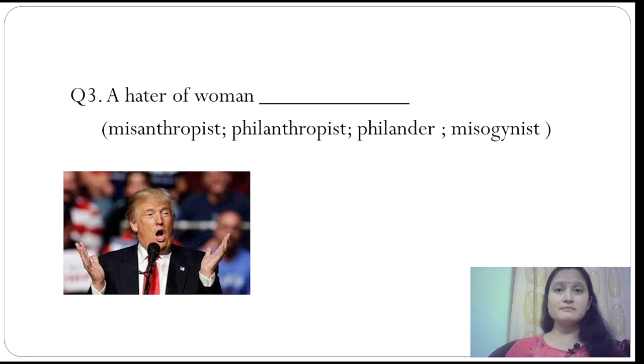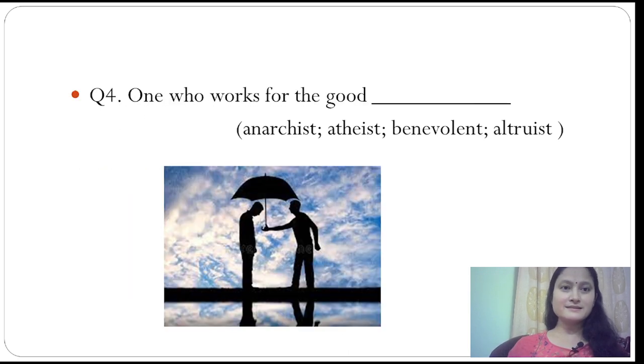So miso means hate, gynae means women. So a hater of women will be a misogynist. So in the picture you can see Donald Trump, and you must have read in newspapers also about him that he is a misogynist. Okay, so let's move to the next.